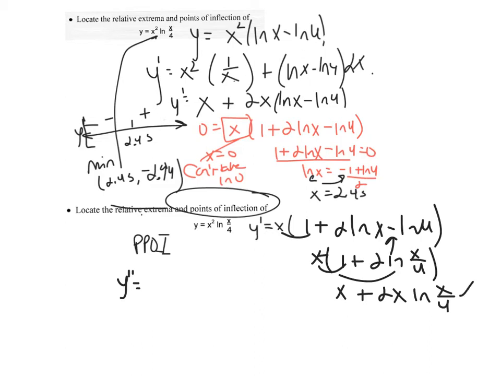So now if I take the derivative of that, the derivative of x is just 1, which is nice, plus then I have to use the product rule for this, so just be careful. So you end up with 2 plus 2 ln of x over 4.